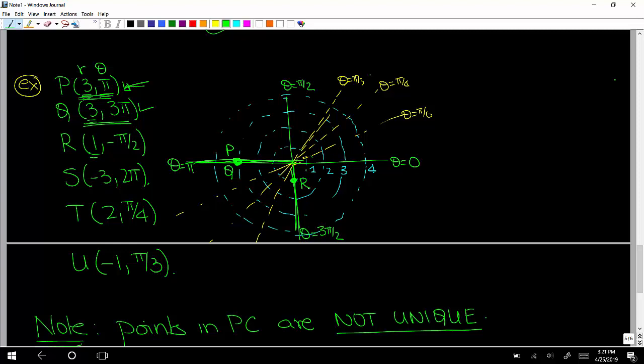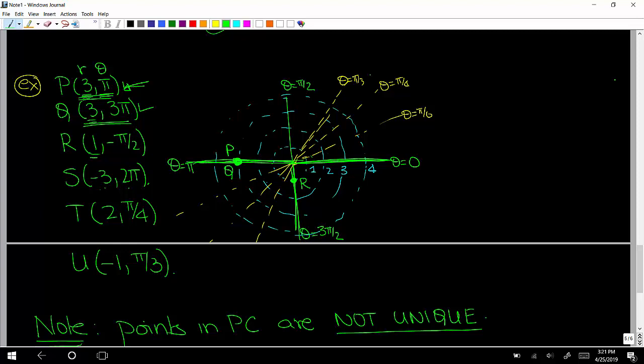So that's R. How about negative 3 and 2 pi? Well, let's go the angle first. We go all the way around. We're back on this line. Okay, but now we're going to go negative 3 units. Anytime R is negative, we basically flip and go 180 degrees in the opposite direction.